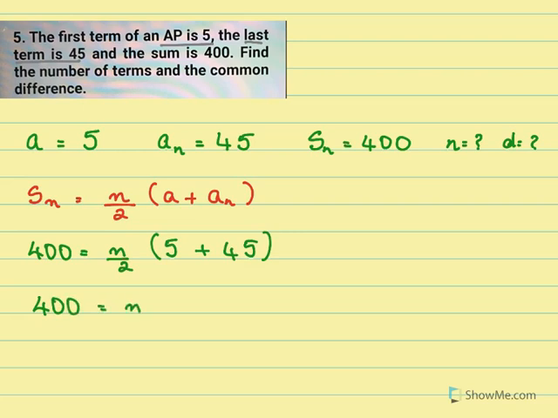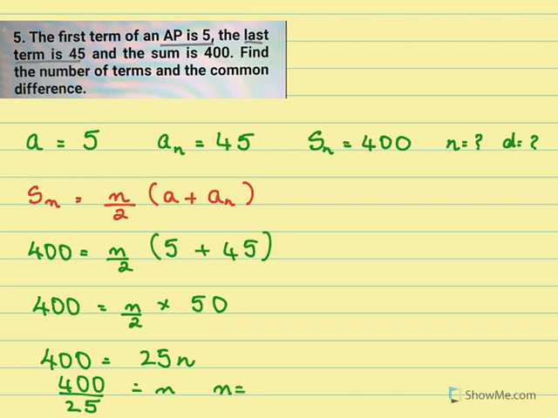So we have 400 equal to n by 2 into 50. So we have 400 equal to this 50 and 2 will cancel. So we get 25n, and your n now will be 400 over 25. So n is 16. So there are 16 terms in this AP.